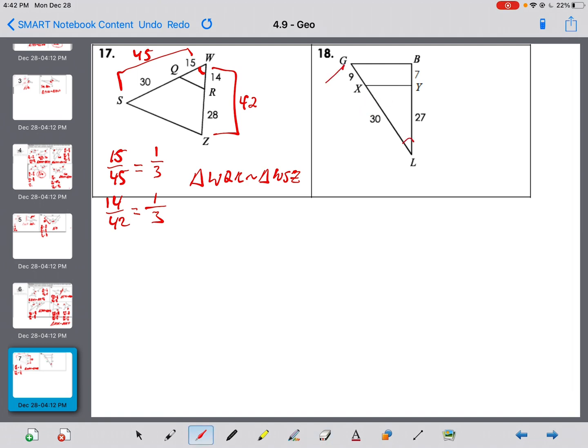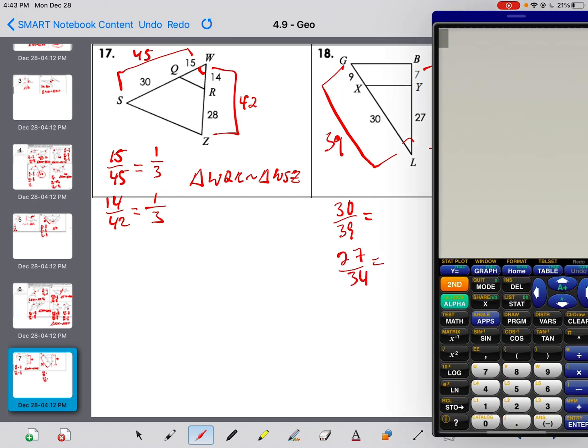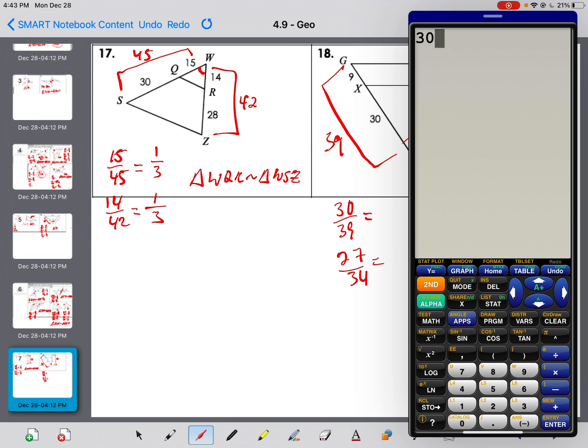One more. L is the same, it's reflexive. Don't know why that's there. Gonna need the total, 39. Gonna need the total, 27 and 7 makes 34. So 30 over 39 should be the same as 27 over 34.